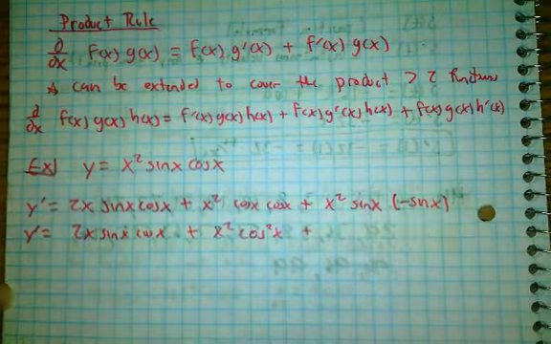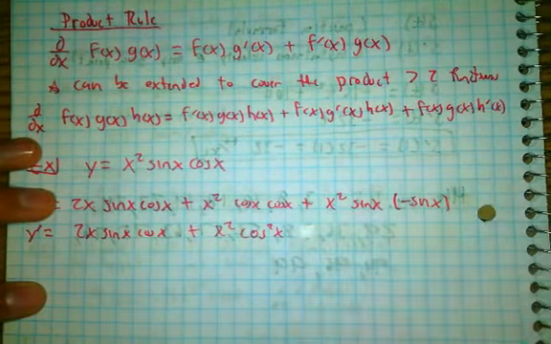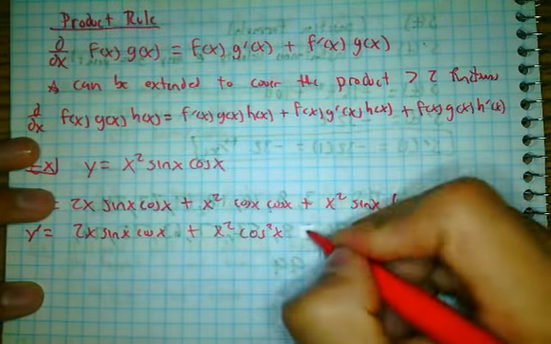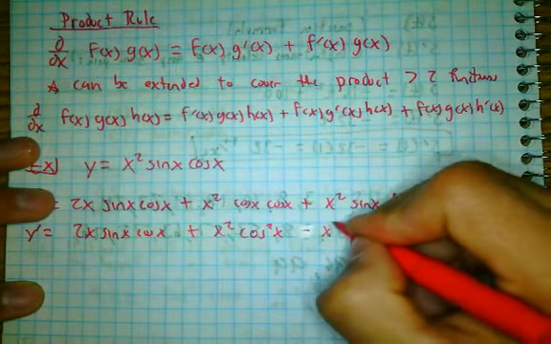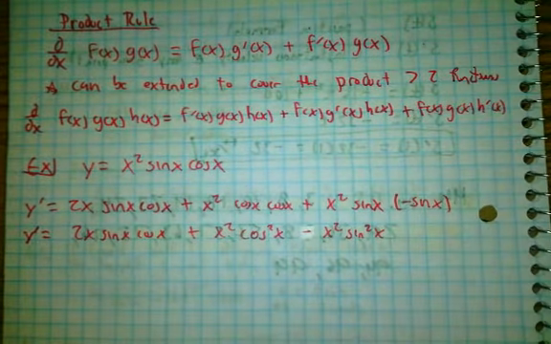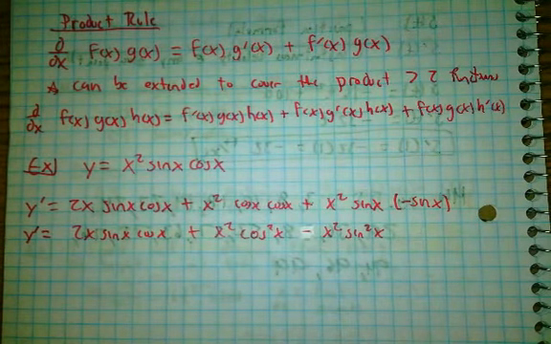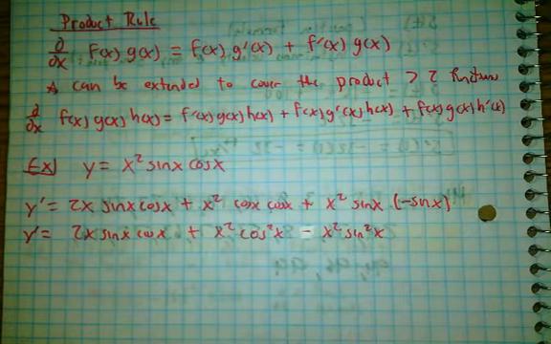You guys see how it's going to become a minus? So it's going to be minus x squared sine squared x. Can I do anything else? Not really. I mean, you can continue to mess around with it a little bit, but it's really not going to get any prettier than that.